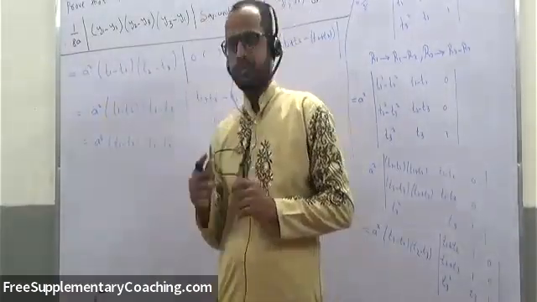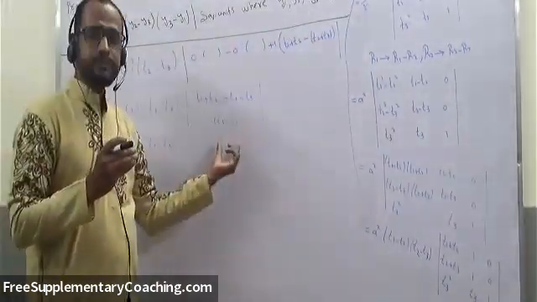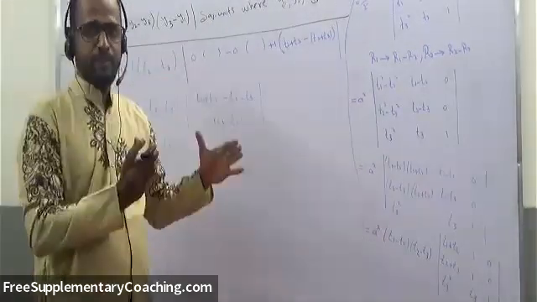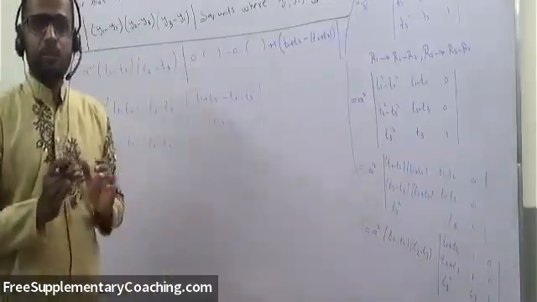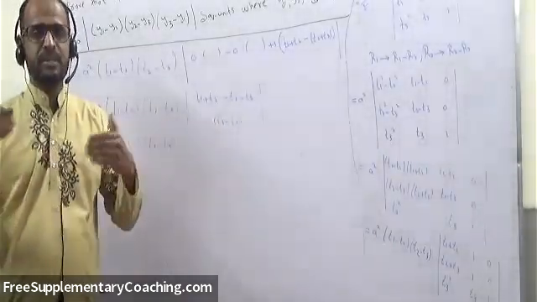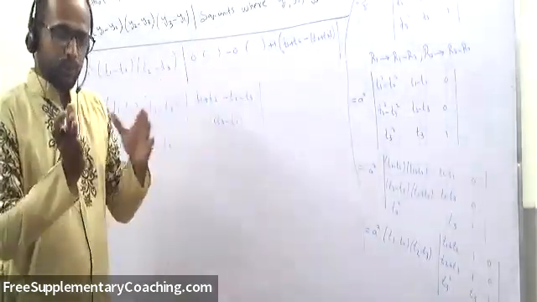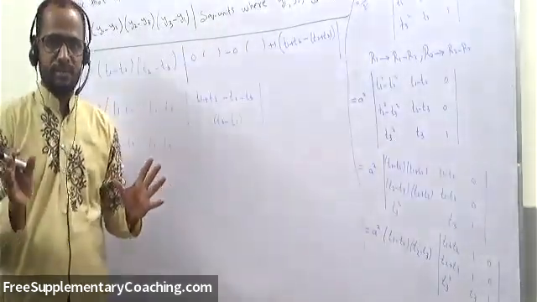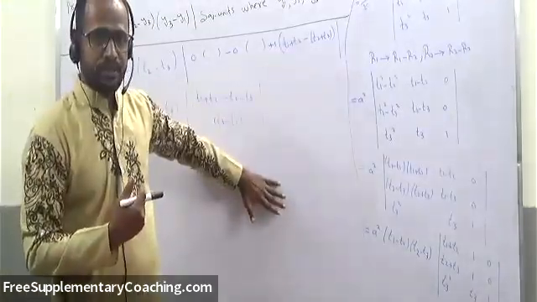Now, in the problem, once again, we have to show that if a triangle is inscribed in a parabola, then the area of that inscribed triangle is 1 by 8a under mod y1 minus y2, y2 minus y3, y3 minus y1, square units. This we are proving. If you rewind my video, you will find the diagram. Everything was clearly explained. Even then, you can ask directly now also. So shall I proceed further?